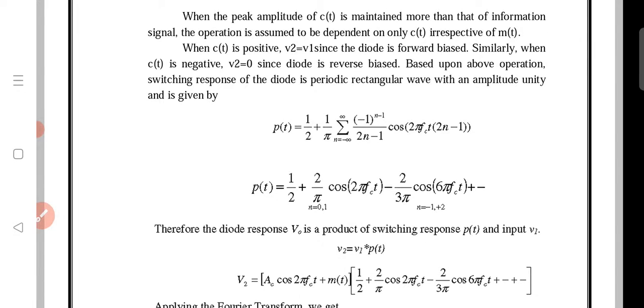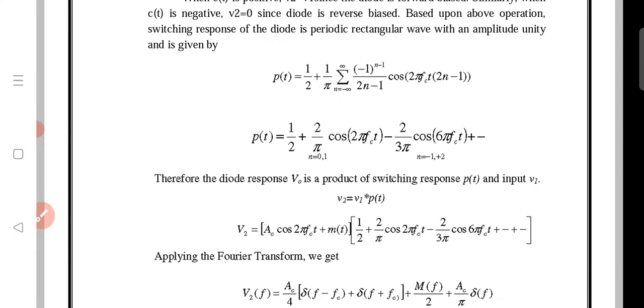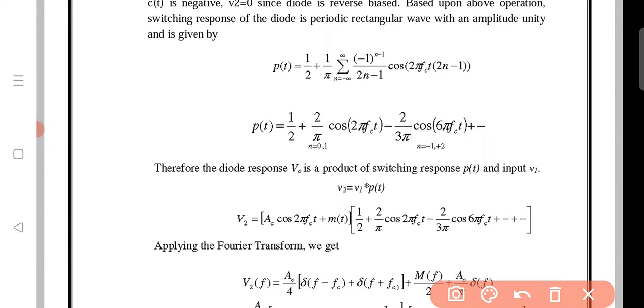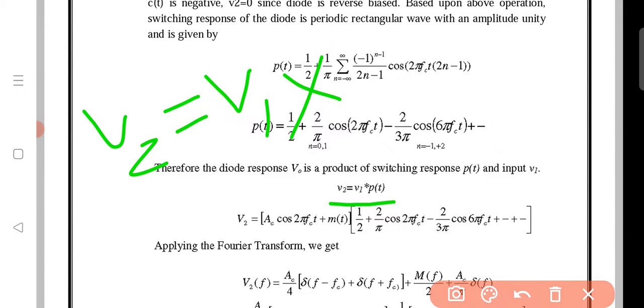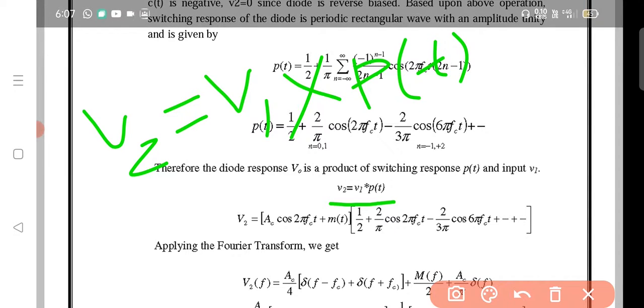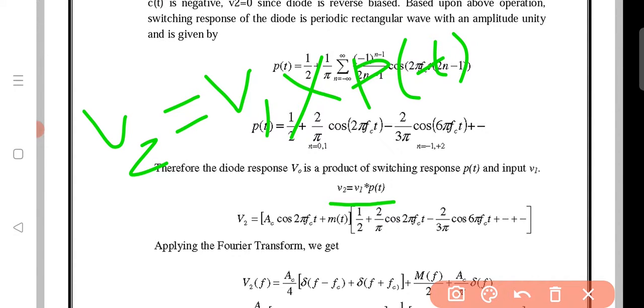So the output of the switching modulator, meaning the output of the diode switch circuit, is v2 equals v1 into p(t). V2 is the output of the diode, v1 is the input, and p(t) is the pulse train. The product of the input voltage and the switching response is the output voltage of the diode.